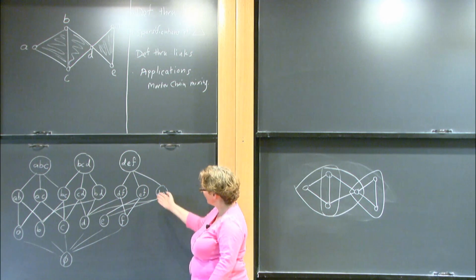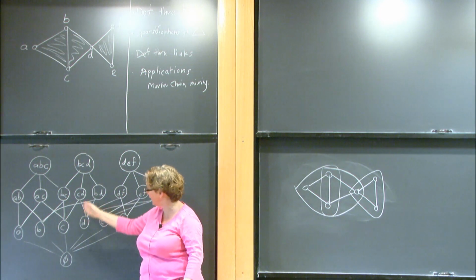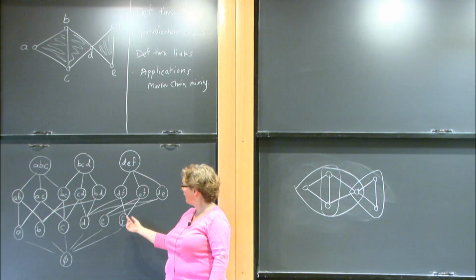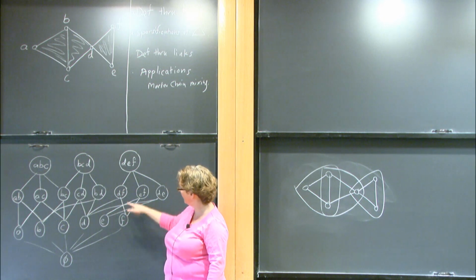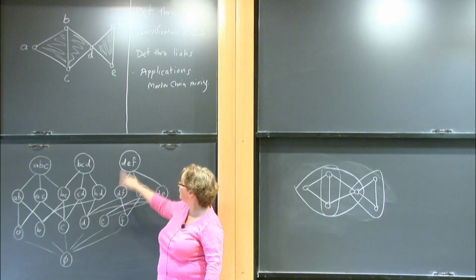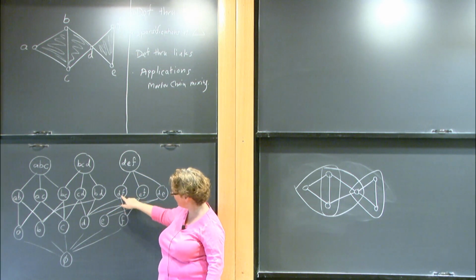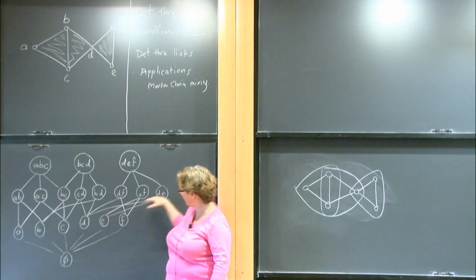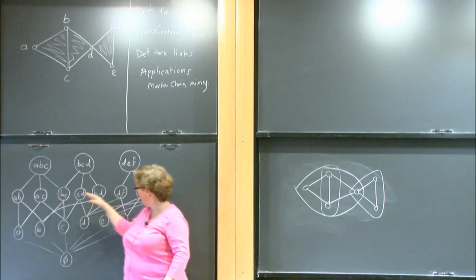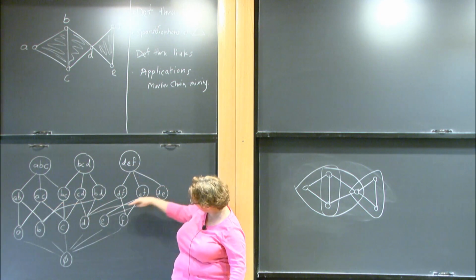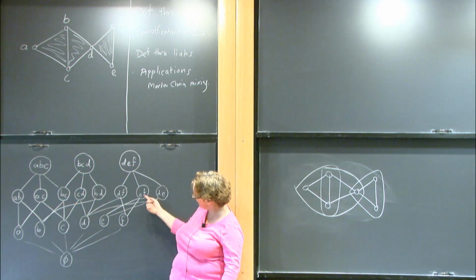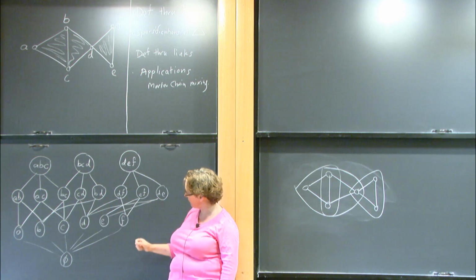And now, what are these connecting edges? They're just edges for inclusion. So the edge DF in this simplicial complex contains the vertex F, and it contains the vertex D. So you see that in this layer, every node has exactly two edges going out of it, because it's an edge, so it only contains two guys. Okay?